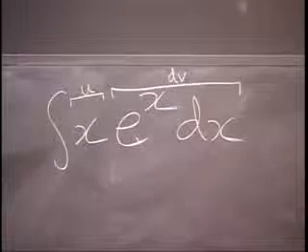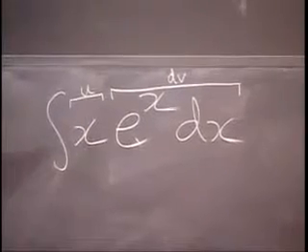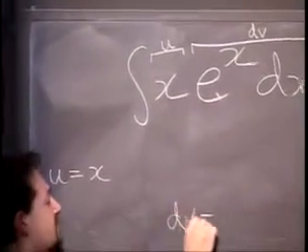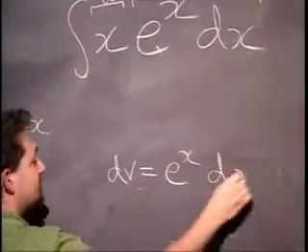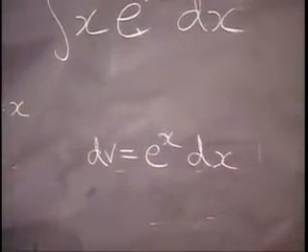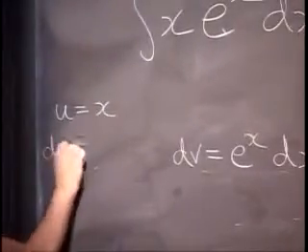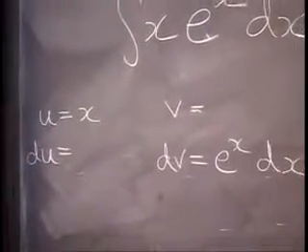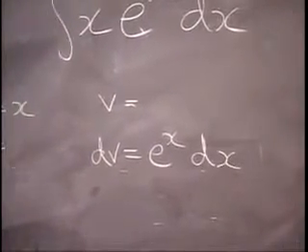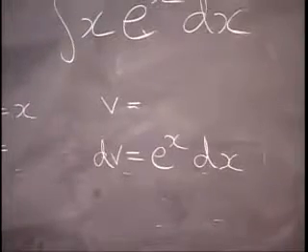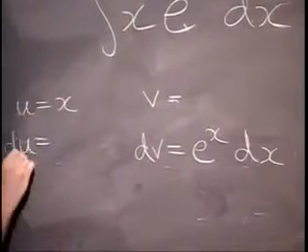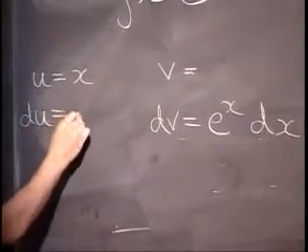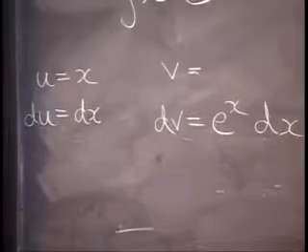So let's summarize this in a little table. I'm going to say u equals x, and I'm going to say dv is e to the x dx. The reason I've laid it out like this is because I want to leave a space for du and a space for v. So while we're working on this, how do you get from u to du? You differentiate. So the derivative of x is just dx.